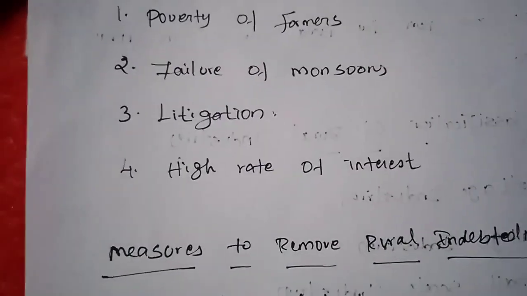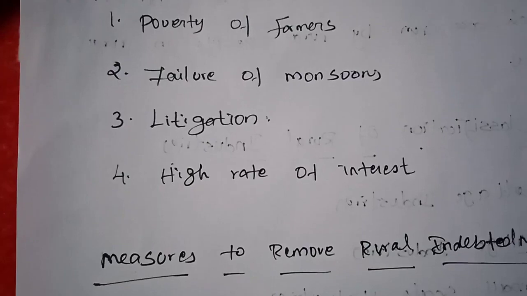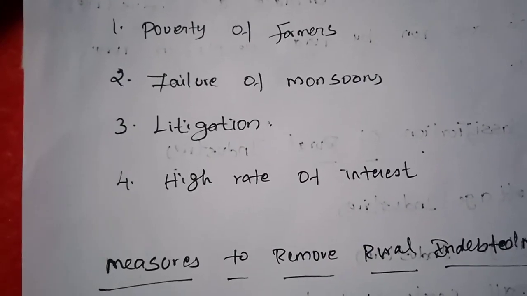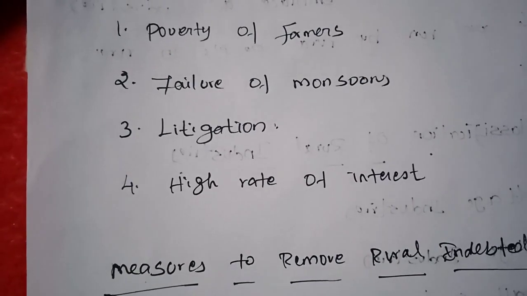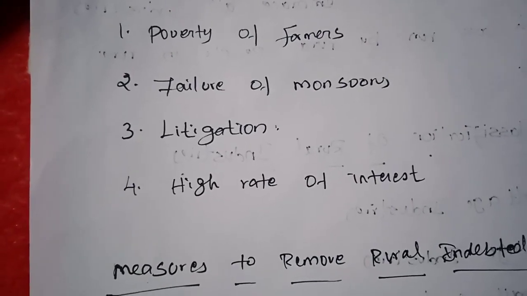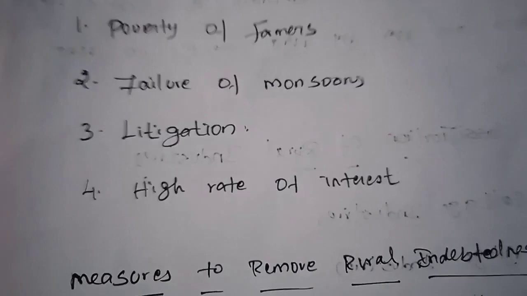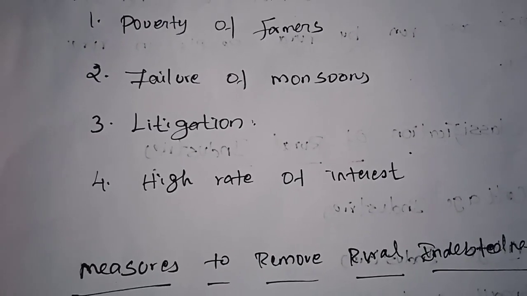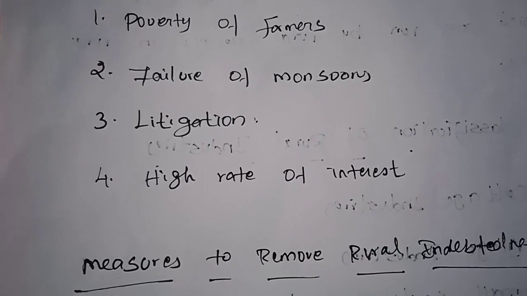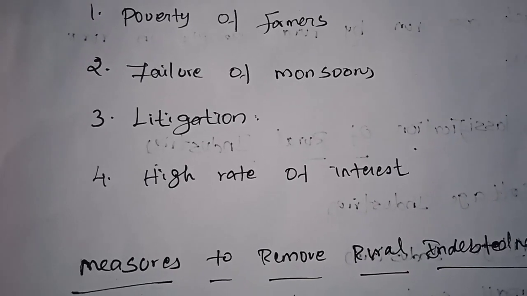Next, high rate of interest. The rate of interest charged by the local money lender is very high, and the compounding of interest perpetuates the indebtedness of the farmers. As we have studied already, local money lenders always impose a higher rate of interest than the financial institutions or commercial banks.